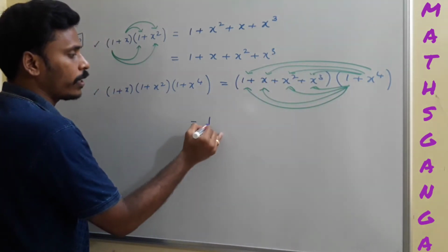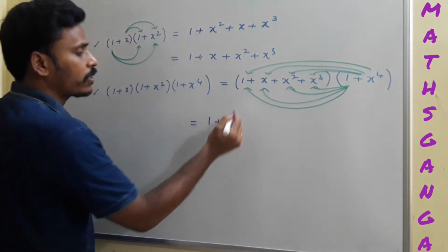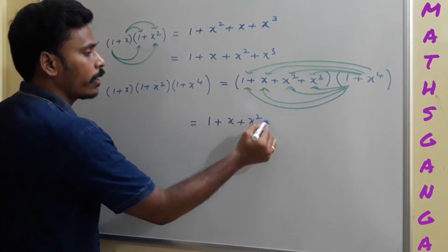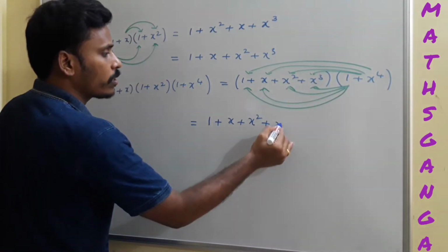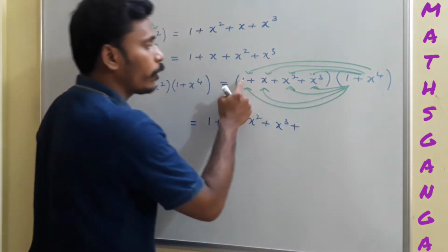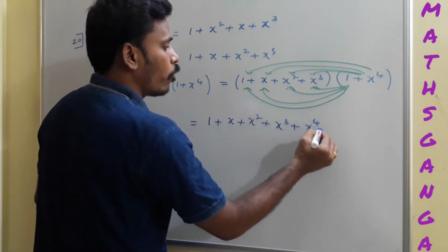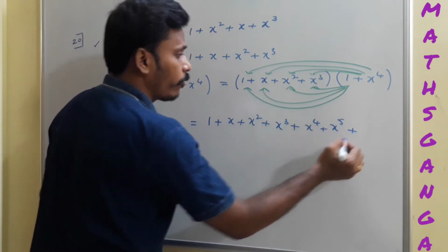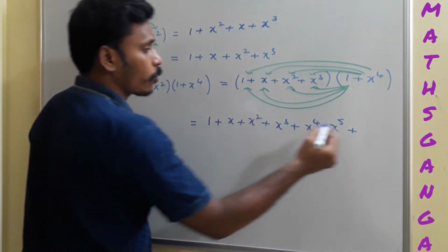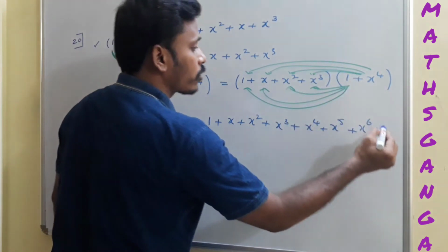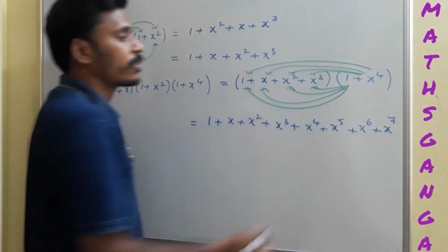1 into 1 is 1, plus 1 into x is x, plus 1 into x square is x square, plus 1 into x cube is x cube, plus, now start again with x power 4 into 1 is x power 4, x power 4 into x is x power 5, x power 4 into x square is x power 6, and x power 4 into x cube is x power 7.